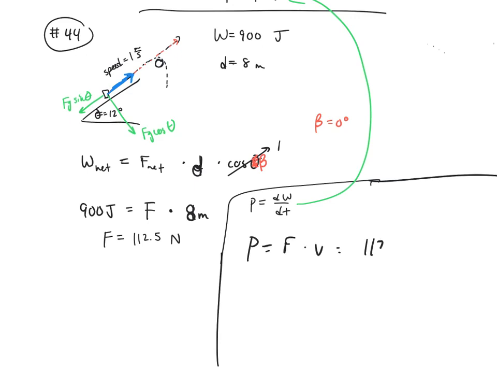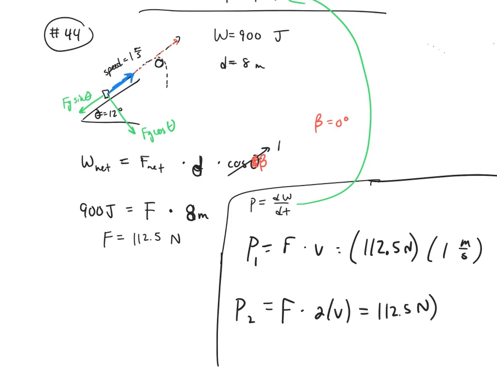This is going to be 112.5 times 1, in newtons times meters per second. And then the second scenario, it's still 112.5 newtons as a force, but you're doing it at a rate of 2 meters per second.